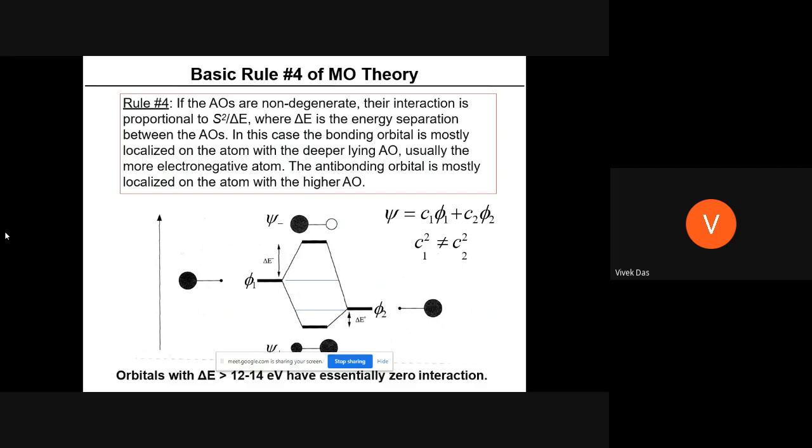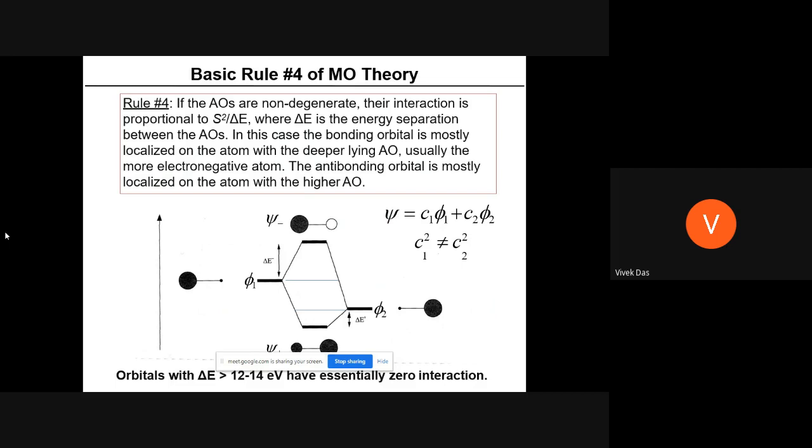Vice versa would be the case for the anti-bonding orbital, which would be closer to the higher energy orbital. So the coefficients would definitely not be the same: C1 is not equal to C2.